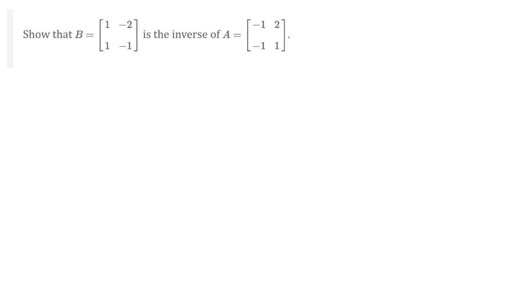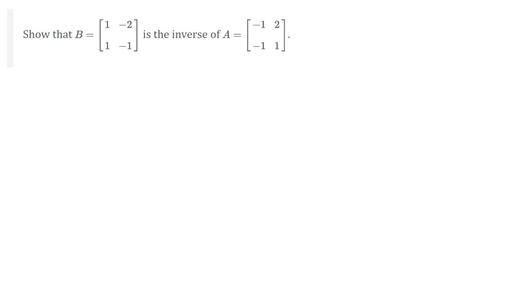It says, show that B, which is 1, -2, 1, -1, is the inverse of A, which is -1, 2, -1, 1. Both of these are square matrices, and the size of these matrices is 2 by 2.